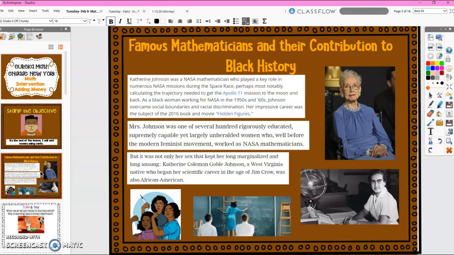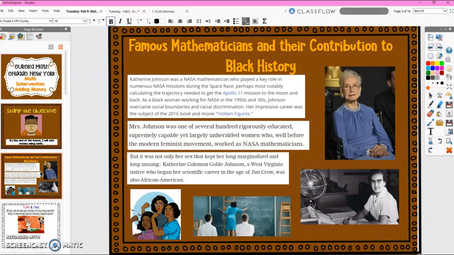But first, because it is Black History Month, we have to take a pause and take some time to respect people who had a tremendous contribution to Black history, specifically mathematicians, because we are in math class. And today we're talking about Katherine Johnson.